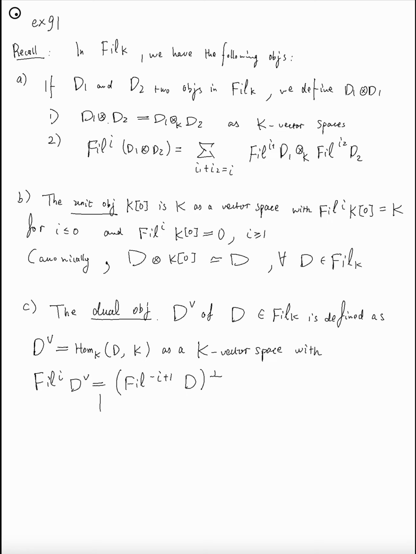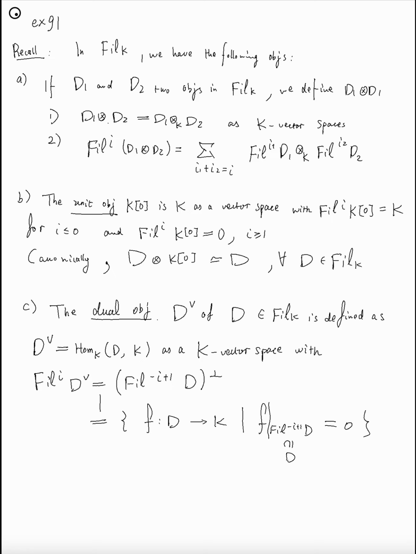What does this symbol mean? It means all those K-linear maps which, when you restrict them to this filtration, Fill^(-I+1) D, because this is a submodule of D, equal 0. Among those K-linear maps depending on D, those which vanish on this.